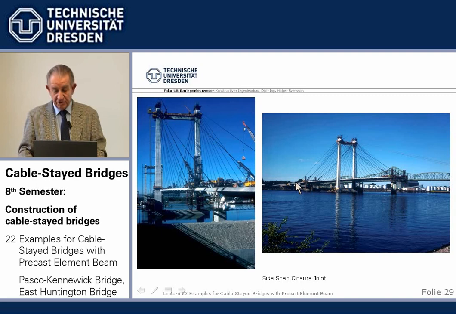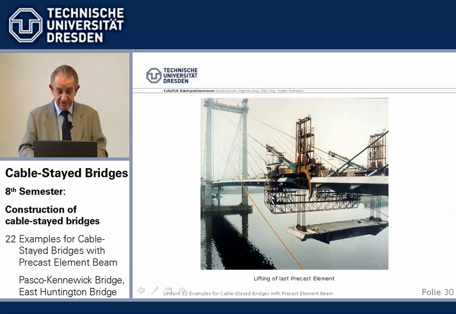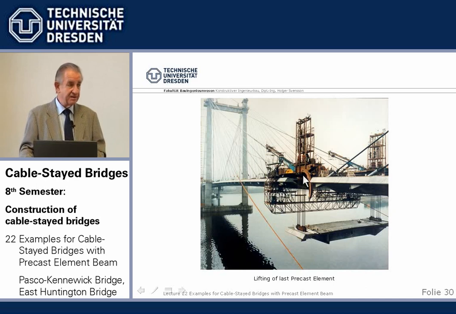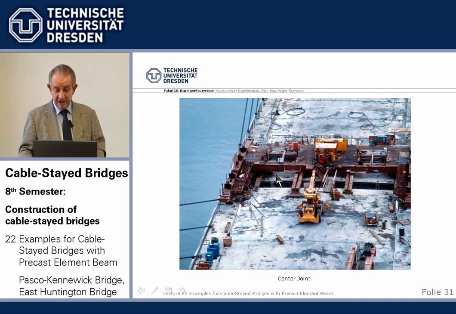And then of course we have already done something, because then the tower is not freestanding anymore, but is tied back. So that's the first step. And then we do the other side the same, and finally we have the lifting of the last element here. And what remains is a joint.